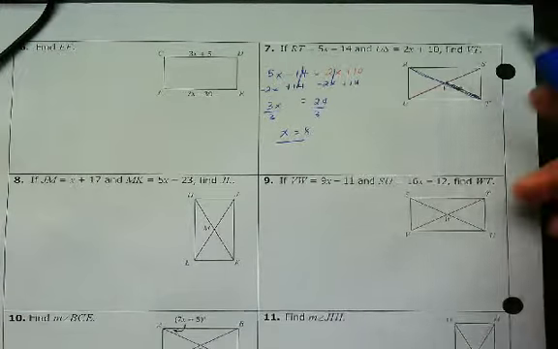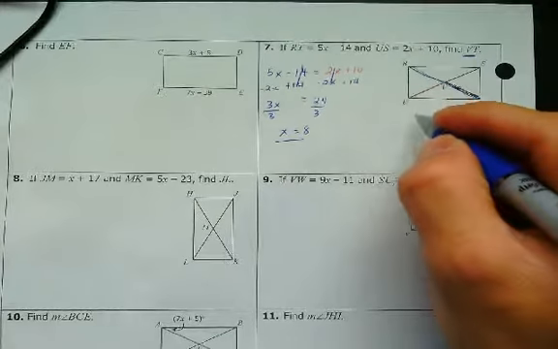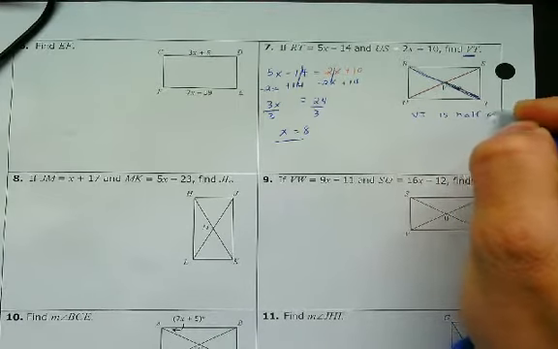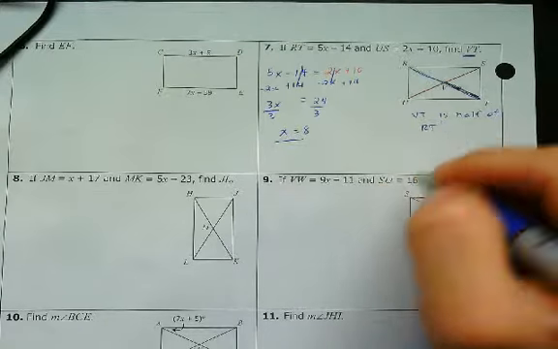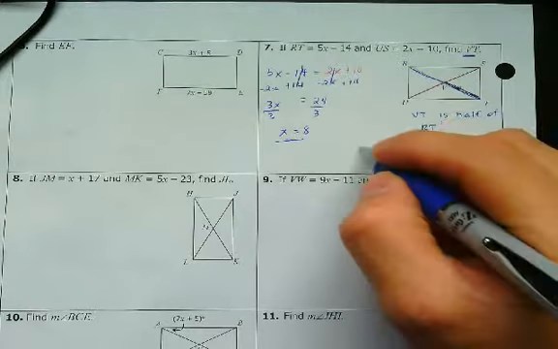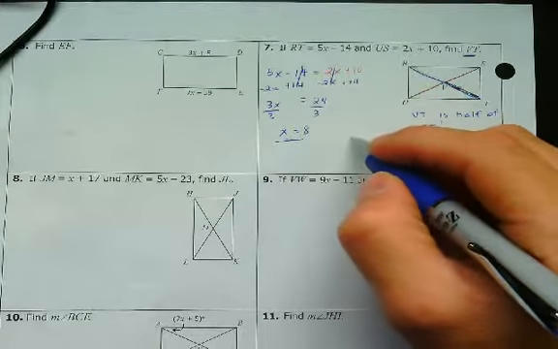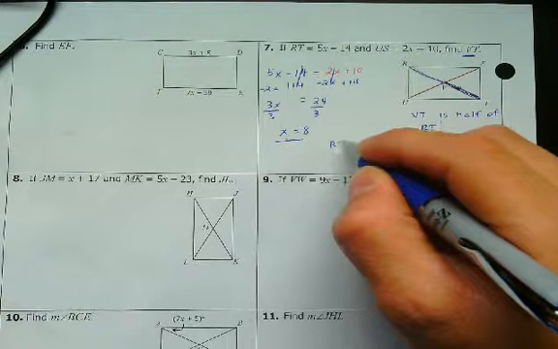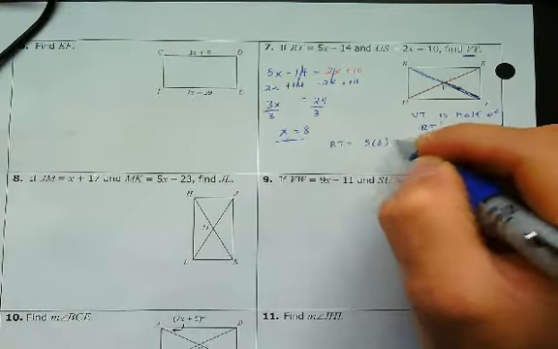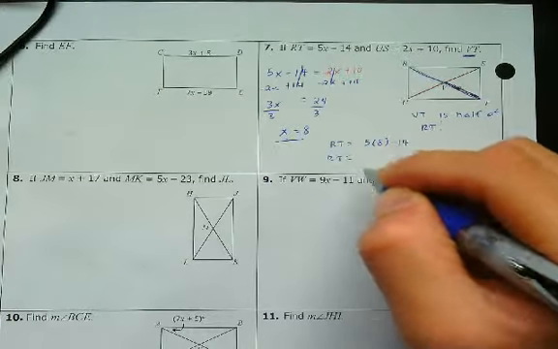Okay. Now to find VT, VT is half of RT. So I'm going to take my x and plug it back into RT, and then divide that number by 2. So RT is equal to 5 times 8 minus 14.